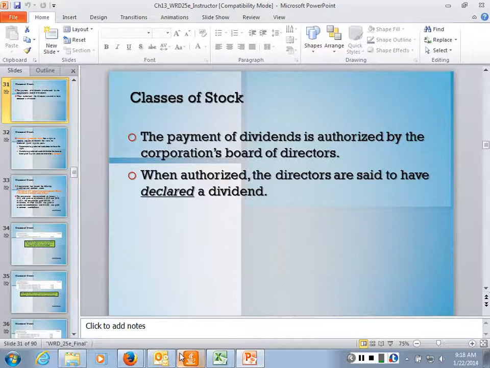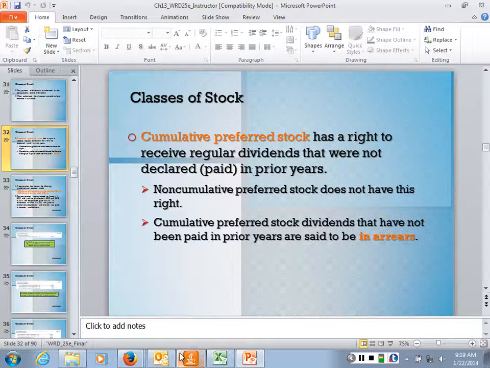Dividends are authorized by the board of directors. They declare those, and then you will eventually pay those out to your stockholders. We have two different types of preferred stock. One is cumulative, one is not. Cumulative stock means that if I am supposed to be paying my preferred stockholders $14,000, but I only have $10,000 this year, $4,000 of that is what we call in arrears.